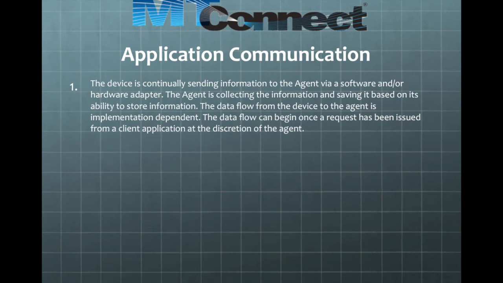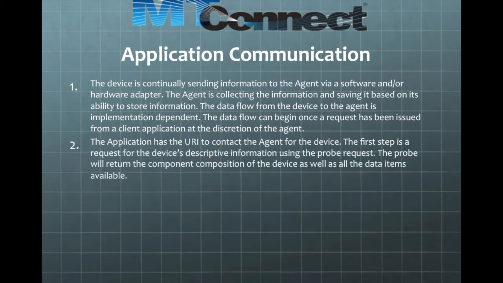Also, the flow from the application to the device is something where the client will make the request, and then it will store the data locally, because one thing to keep in mind is that the agent does not store any data locally. It is a memory circular buffer.